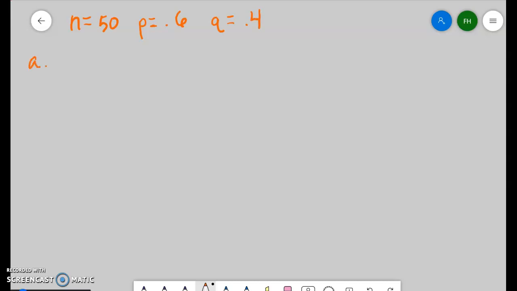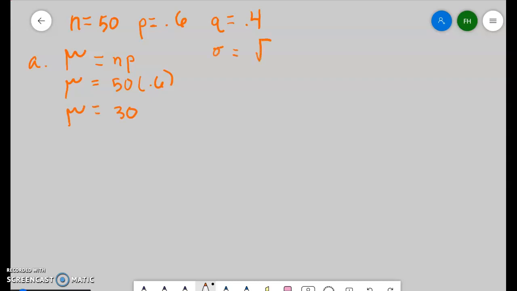So let's find the mean. We know the formula for mean of a binomial distribution is N times P, and N is 50, P is 0.6, so the mean is 30. Now let's find the standard deviation.